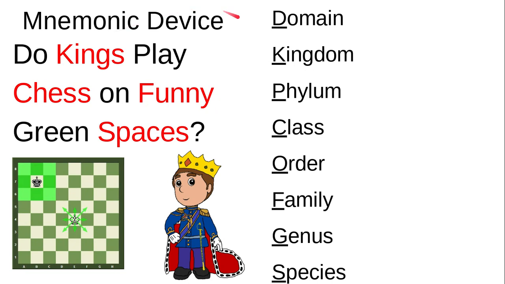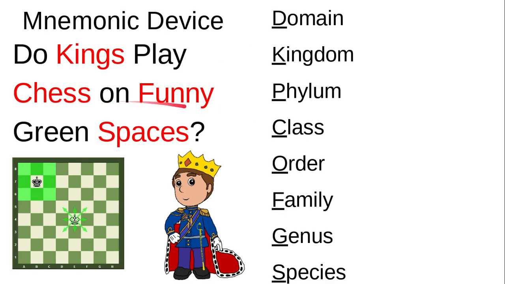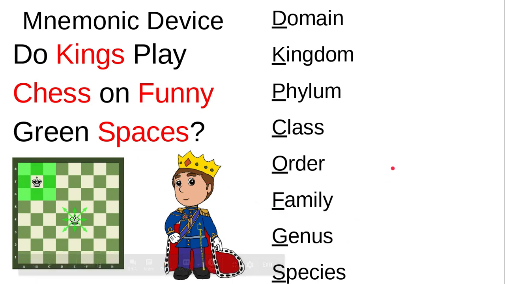Do is domain, Kings for kingdom, Play for phylum, Chess for class, O for order, F for family, Green for genus, Spaces for species. If you can memorize that, you're going to hopefully be able to remember all of those in order, going from the biggest down to the smallest, the most broad to the most specific.